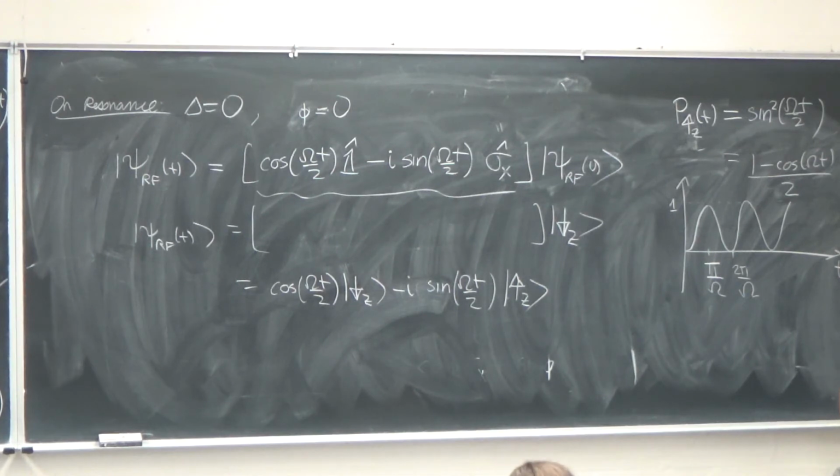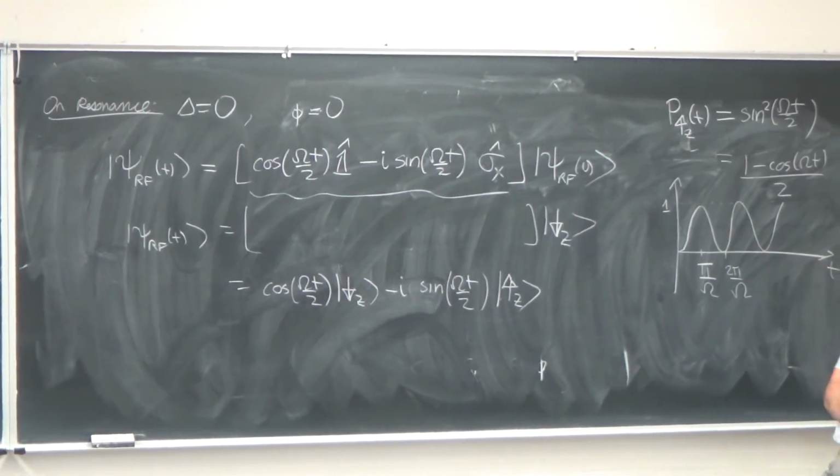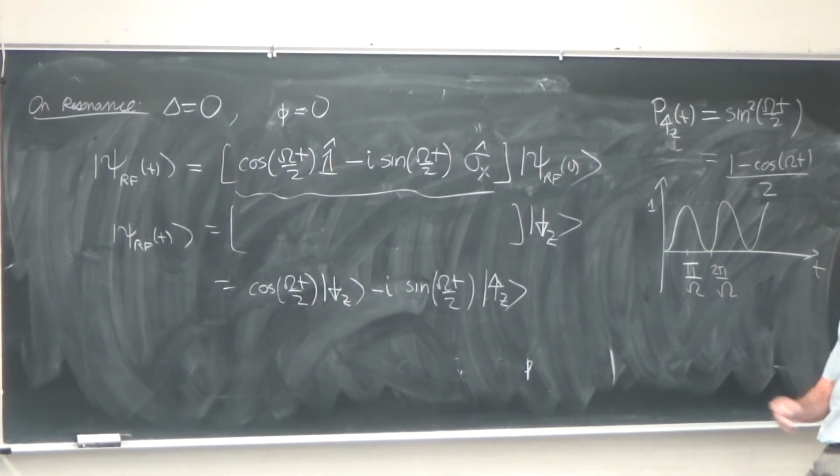And it oscillates with what frequency? Omega. You could have said any omega, they're all true. In this case, the Rabi frequency. The Rabi frequency, which was proportional to the strength of the perturbing field, determines the rate at which I go up and down.